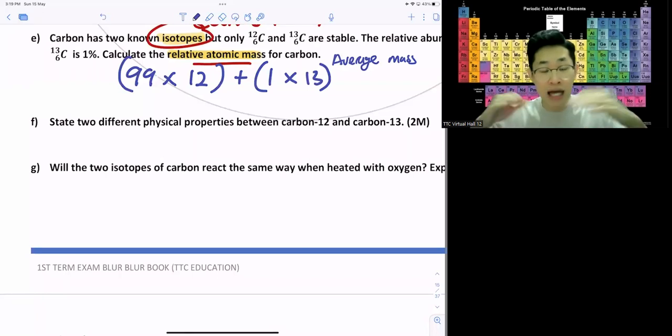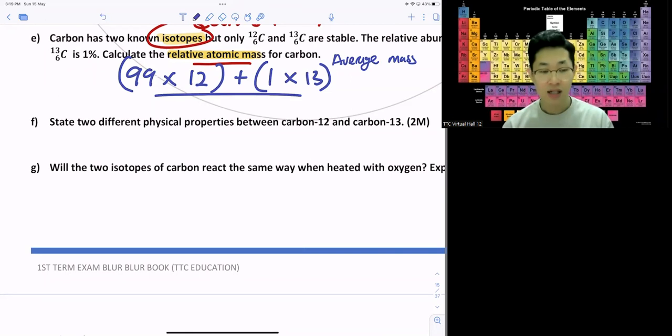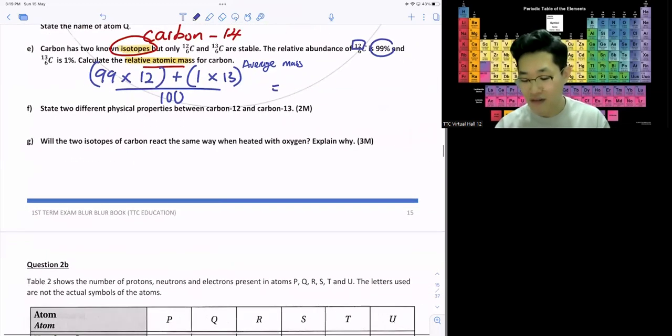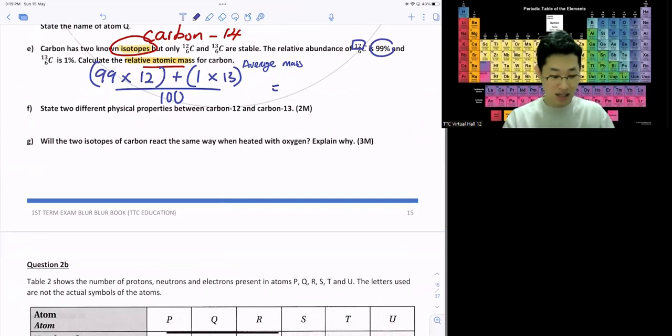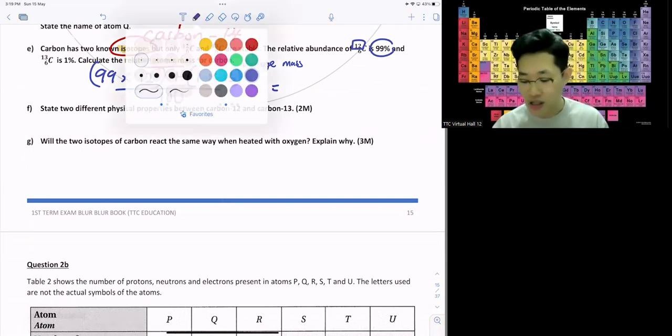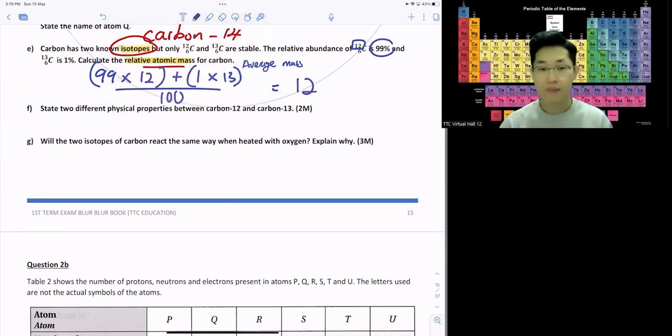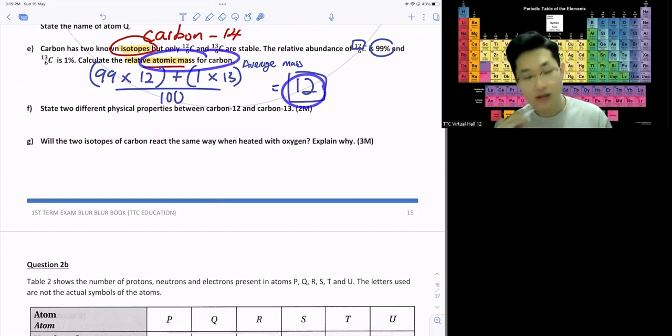I will be able to get the total mass, right? Divide by total how many atoms? 100%, 100 atoms. So you will be getting the average mass, 12.01, which is 12 lah. So you go back to the same thing. Atomic mass of carbon is 12.